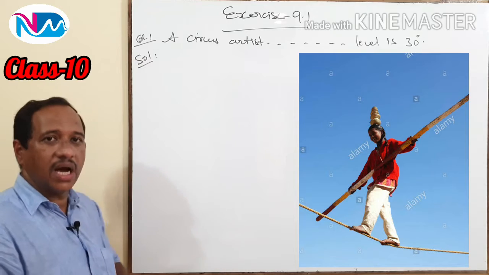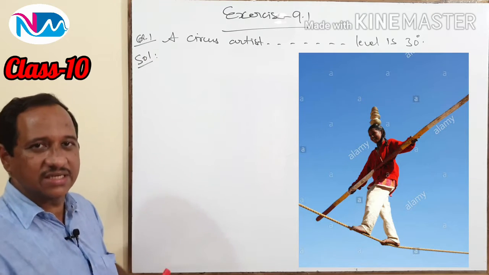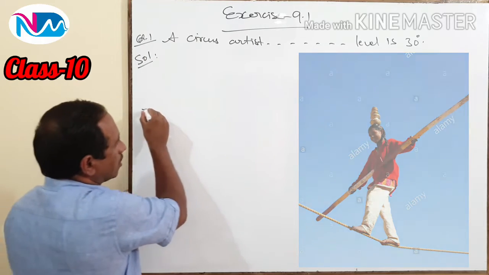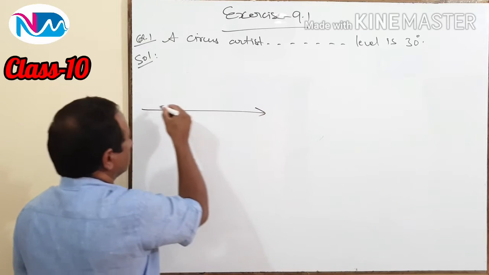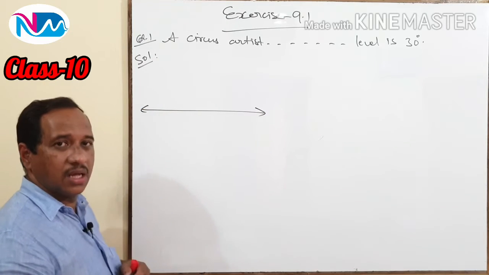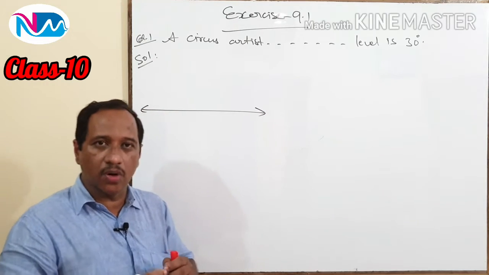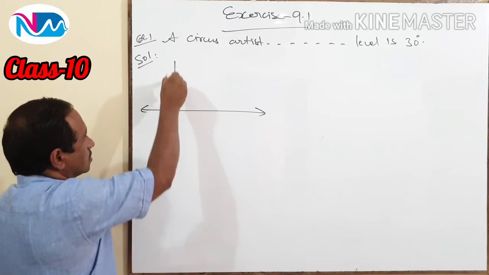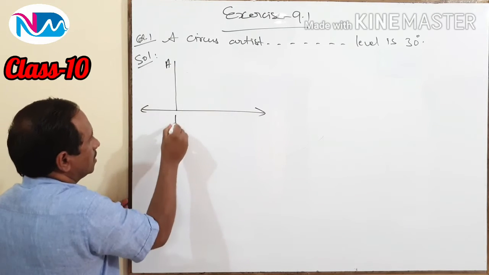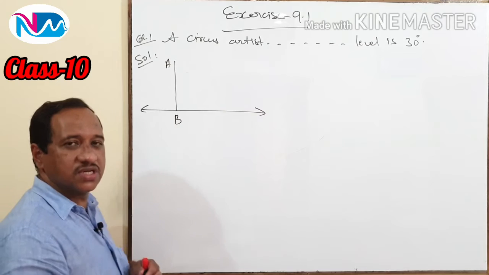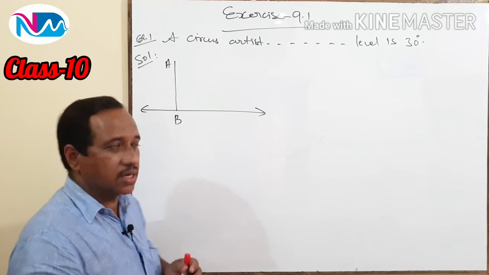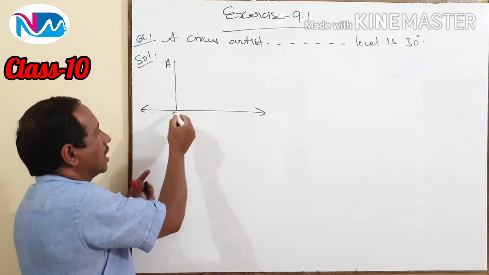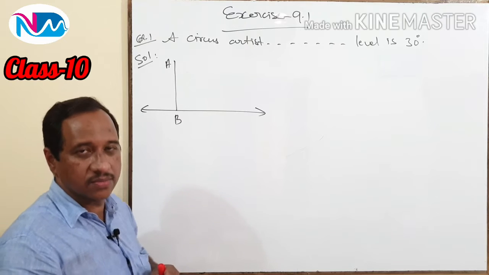Here we have to represent first the horizontal ground level. And there is a vertical pole, so I use AB to represent the vertical pole. Here A is the top of the pole and B is the foot of the pole.